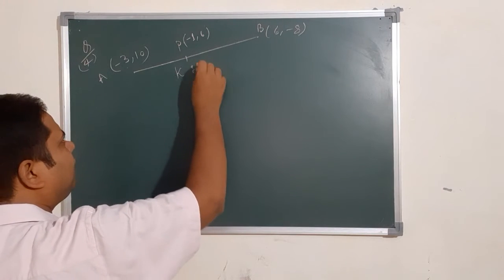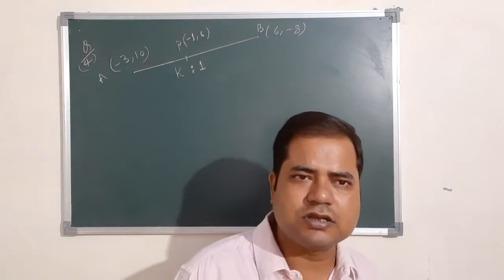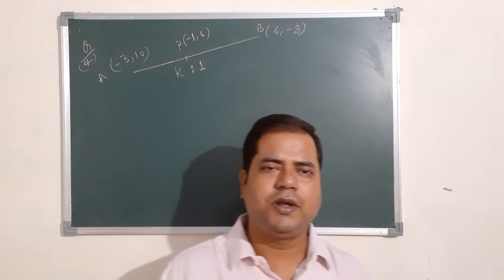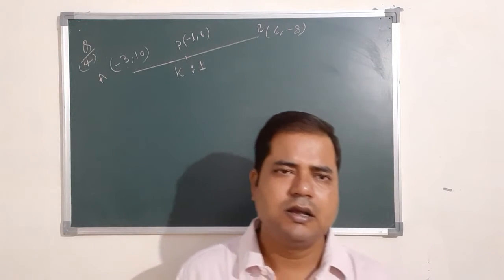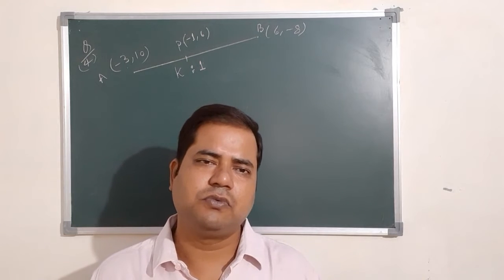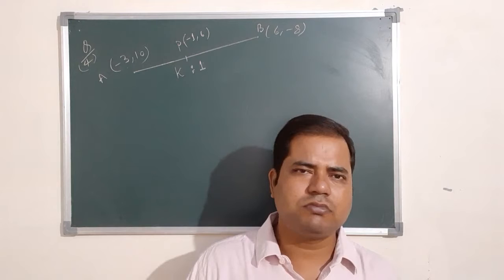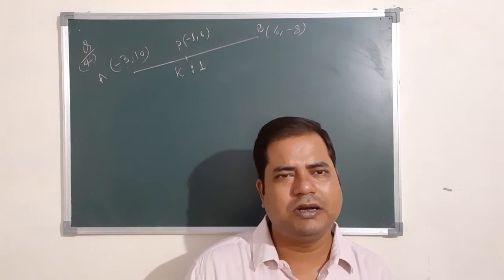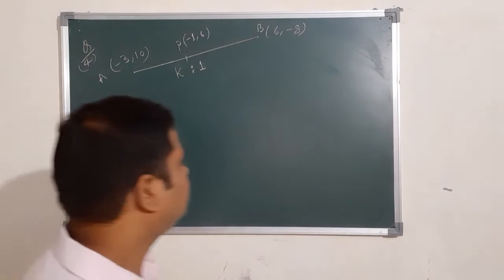Remember, whenever you find the ratio, you are always supposed to take the ratio as K ratio 1. And if we get the value of K as 2/3, 3/2, whatever you get, then K ratio 1, that means 2/3 ratio 1. If you want, you can suppose it as M1 ratio M2, but it is more complicated. This is very easy, so suppose K ratio 1.